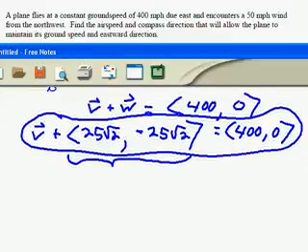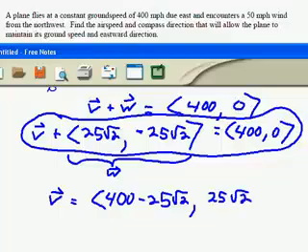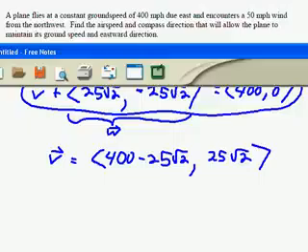So if I subtract this vector W from both sides, I get that V is equal to, remember, subtract 25 radical 2 from 400 to get the first component of V, and subtract negative 25 radical 2 from 0, which gives you 25 radical 2, to get the second component. So that's V, and now we just want the ground speed.